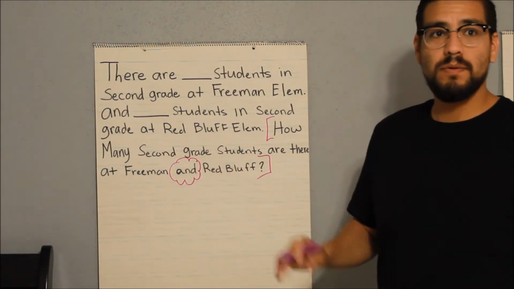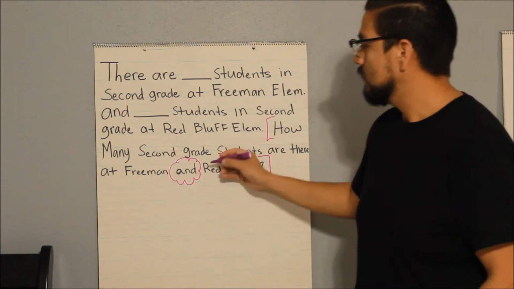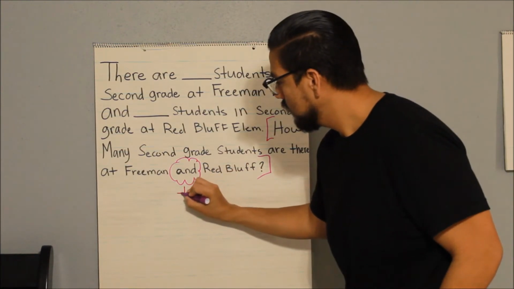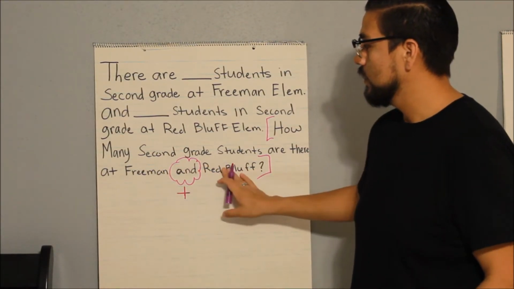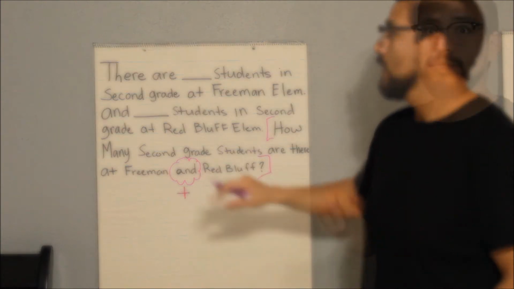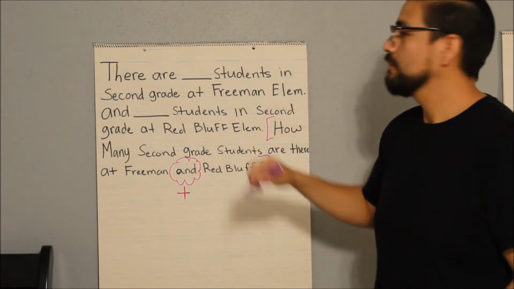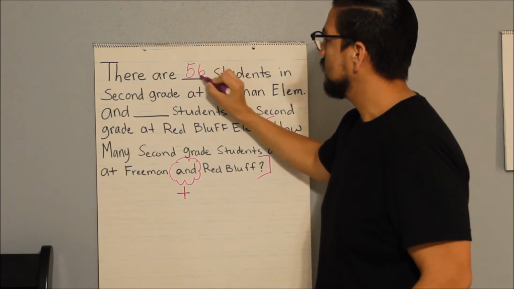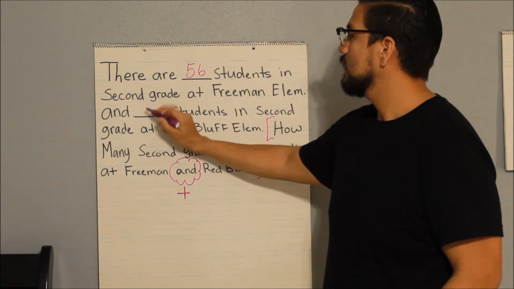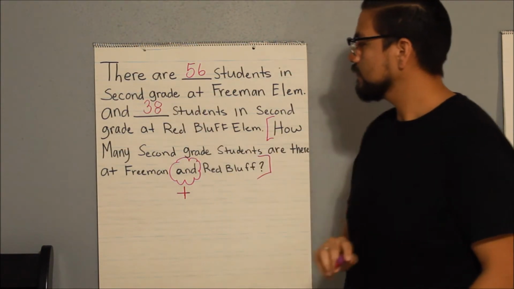Anytime we see an "and" in a word problem, most of the time we are going to be doing addition. So I'm going to put a little plus sign. This lets me know that I'm going to be doing addition, adding these two schools together. I don't have to put the numbers into the problem, but I'm going to do 56 and let's do 38.